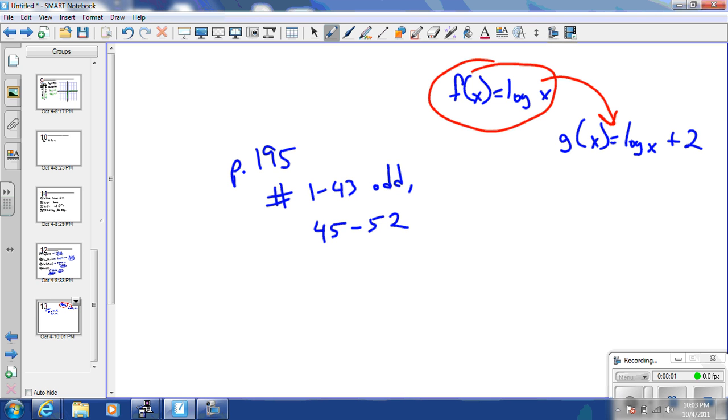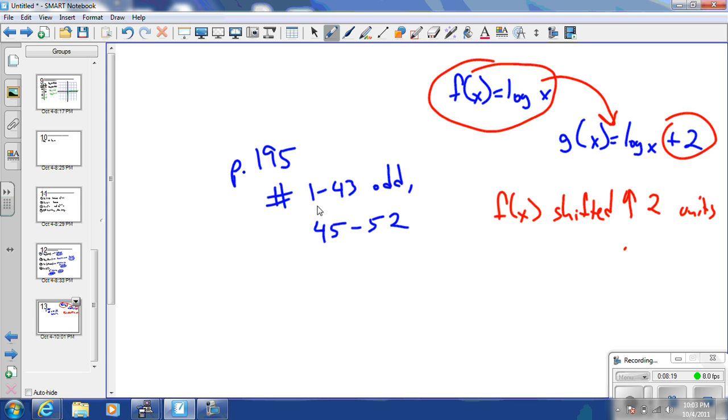So this graph, you would say, would be shifted 2 places up. Yeah, so we could just say shifted up 2 units. And that'd be good enough.